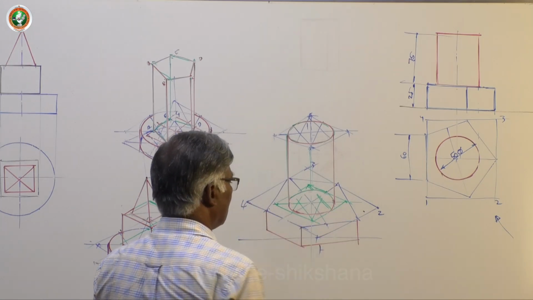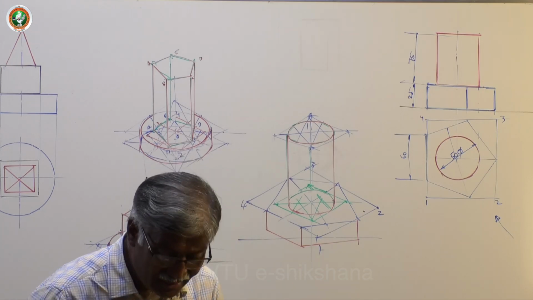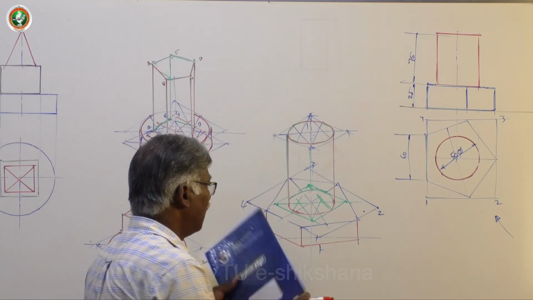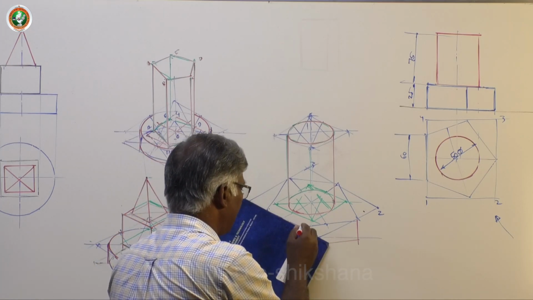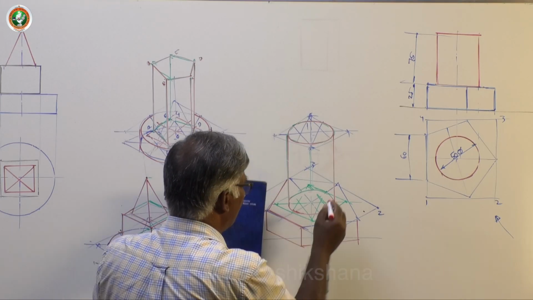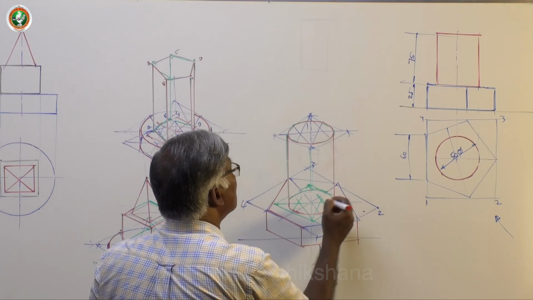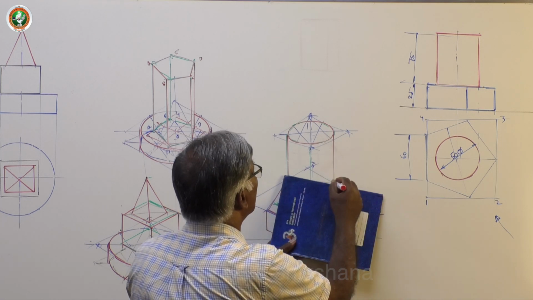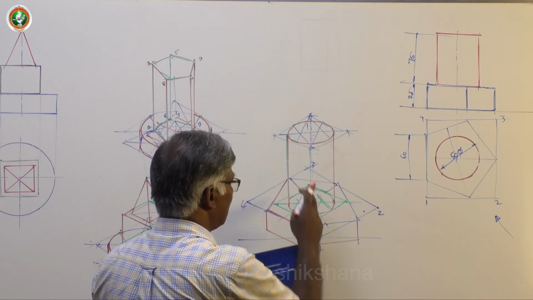Don't touch that. Then what about the top surface of the pentagon? From here up to this point it is visible. Again from here it starts, a small portion of the edge, the back edge.